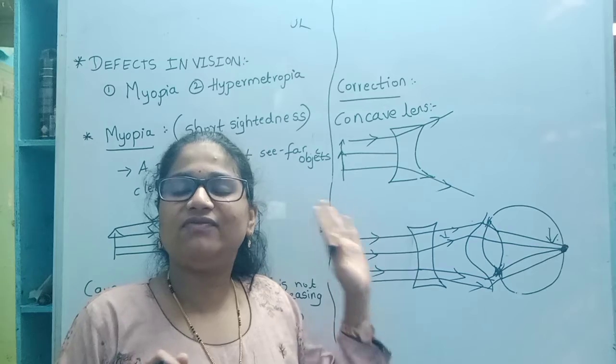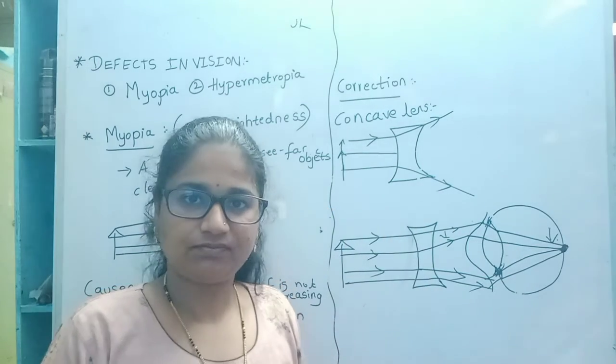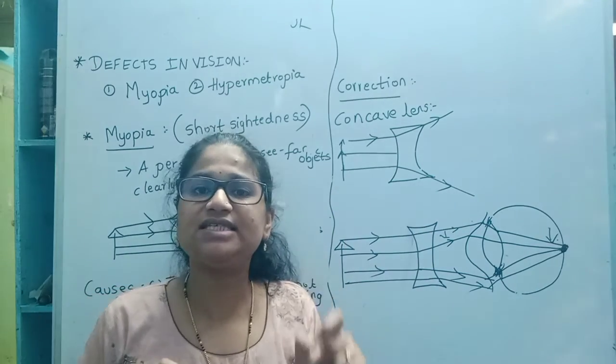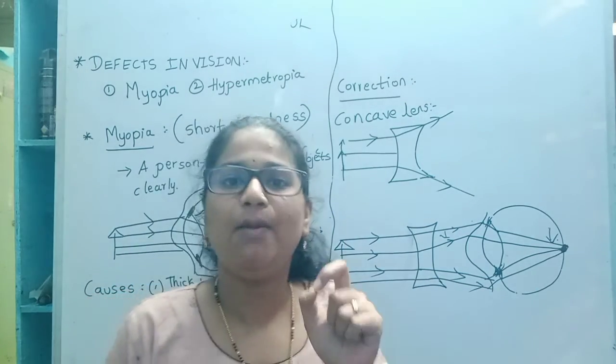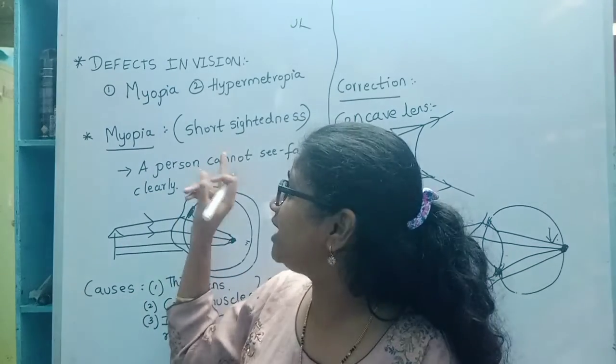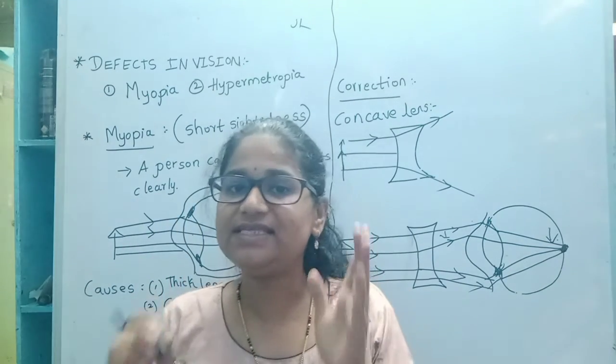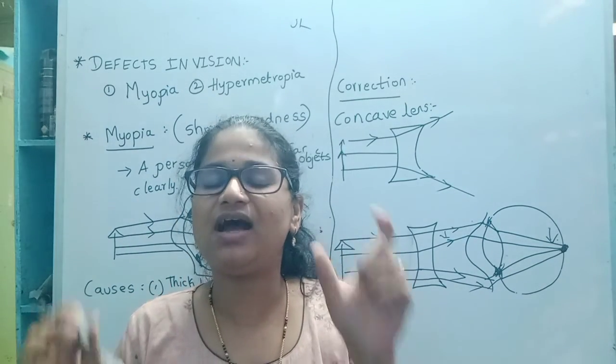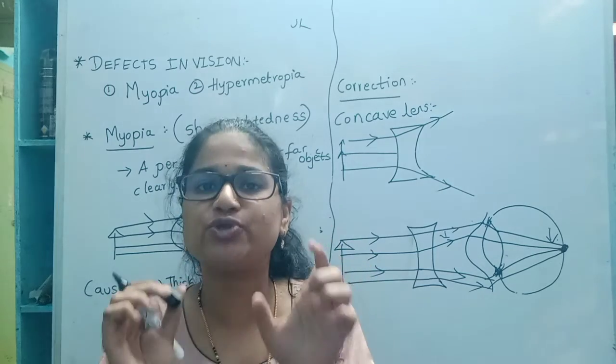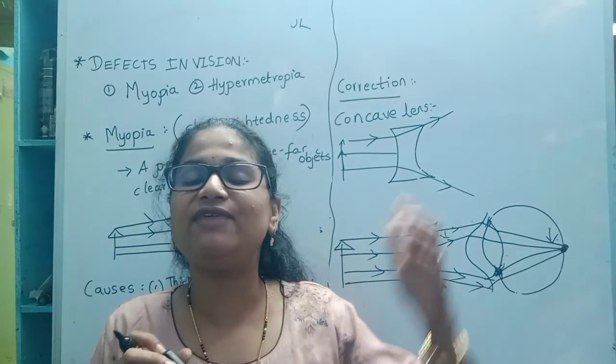By that, they will correct the myopia. This is regarding the first defect of vision, myopia, also called short-sightedness. Please keep it in mind: in myopia, a person is not able to see objects which are at a far distance.